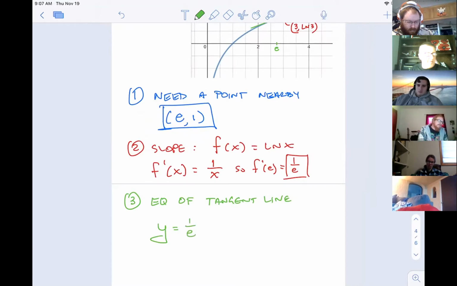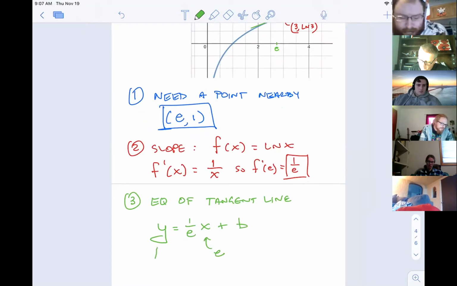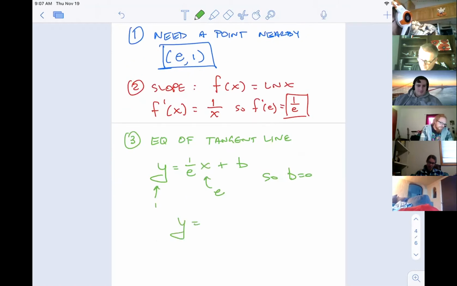There's nothing wrong with getting your calculator out and switching e to a decimal, but I'm just going to do it mechanically first. I know the equation looks like that. I know the point x is e and y is 1 is supposed to work. Hey, that's interesting, because you end up with e divided by e, which is 1. So you have 1 plus what is 1? Well, b is nothing. That's kind of cool. So that means the equation of your tangent line is just 1 over e times x.